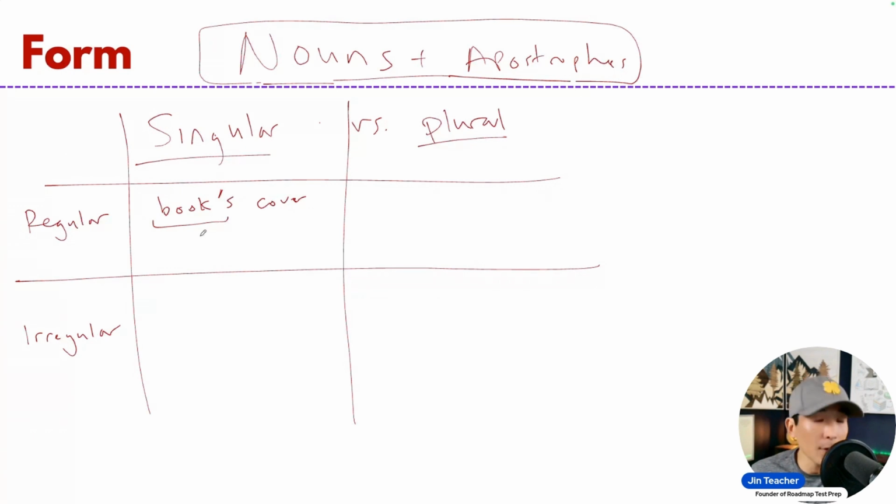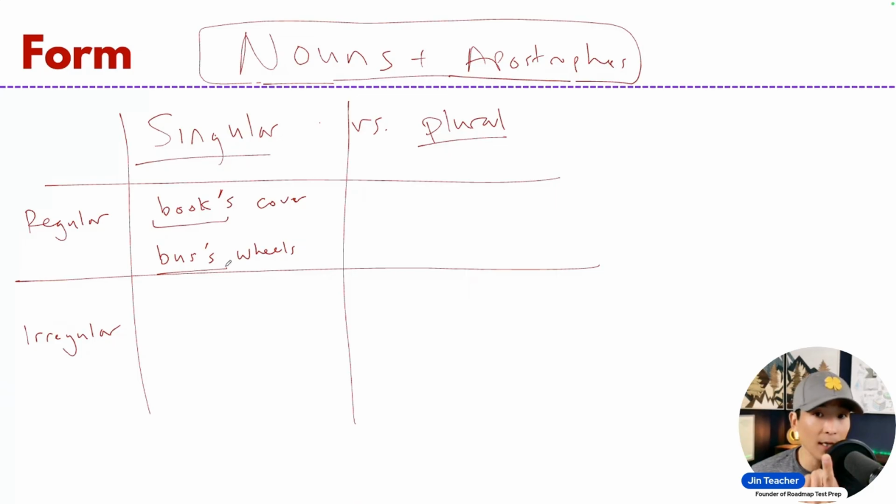Now, this is also true even if you have a noun that ends in an S. So the noun bus ends in an S. So this is how to write the singular noun form for bus. What we do next is we add the apostrophe S. So the bus's wheels. So again, what can we understand when we see this?